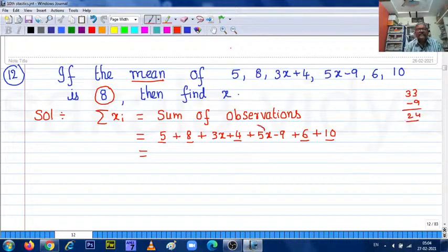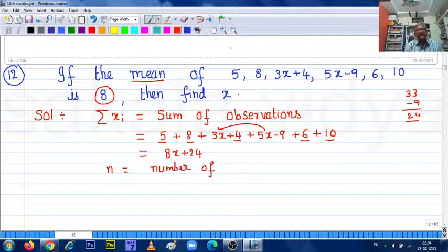First add these two, 5x plus 3x. 5x plus 3x is 8x. So you will get 8x plus 24. This is sigma xi, the sum of observations. Now next one is n. n is equal to the number of observations.